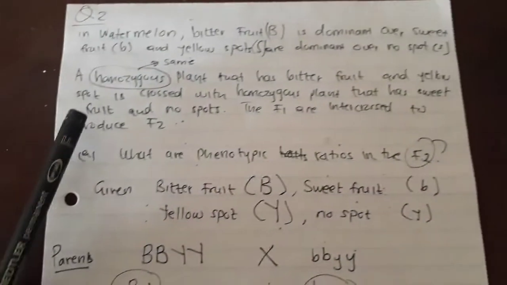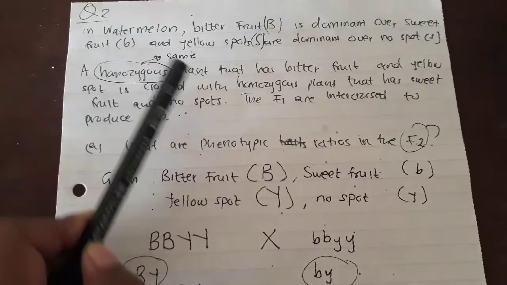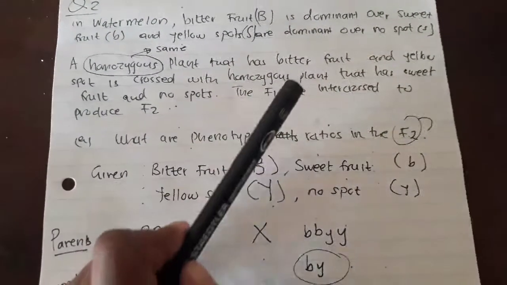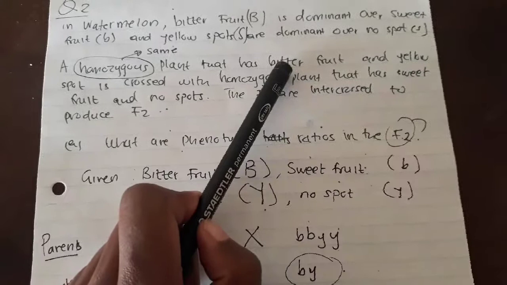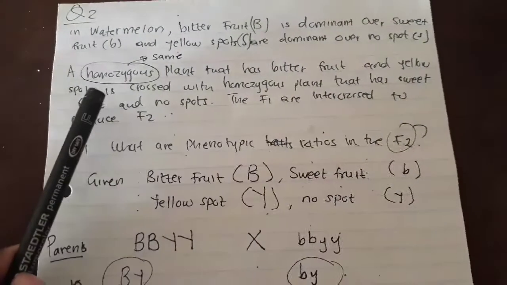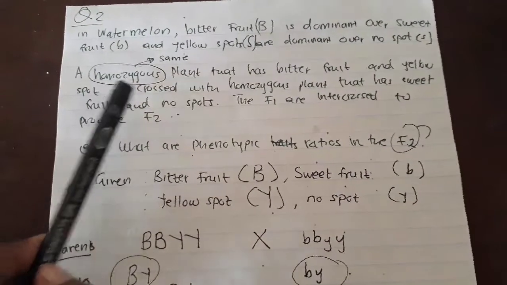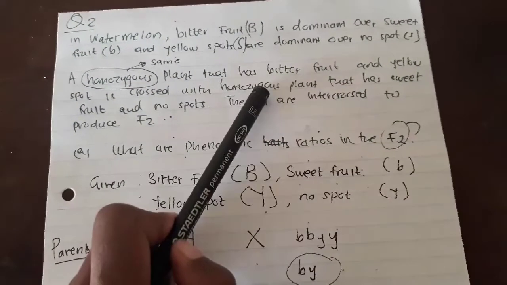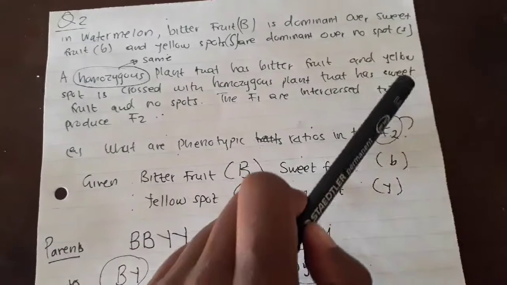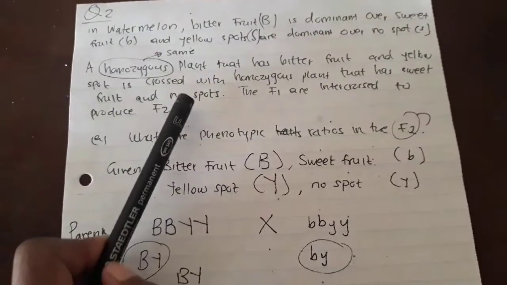They tell us that a homozygous, meaning same allele, plant that has bitter fruit and yellow spot is crossed with a homozygous plant that has sweet fruit and no spots.